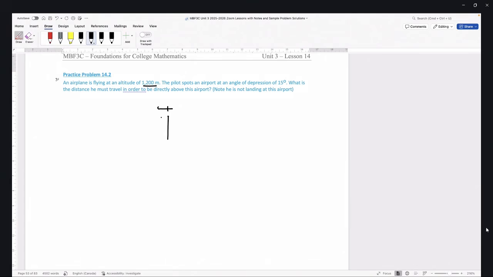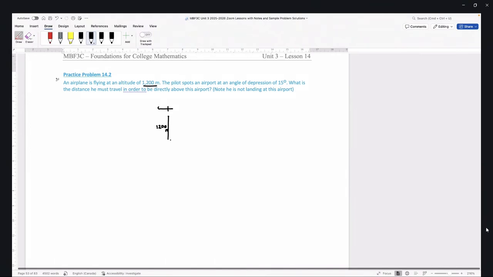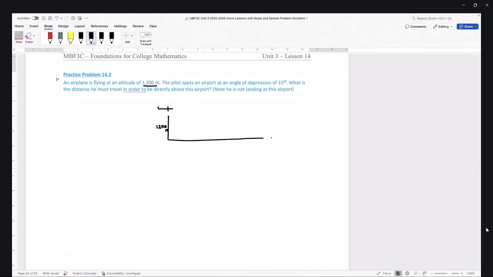So this, and again, this is vertical, so straight up. 1,200, and that's meters. Okay. Now, over here, there's an airport. Right here.